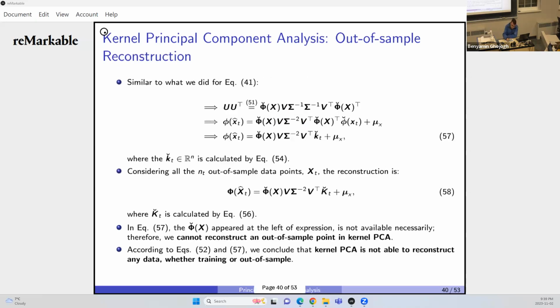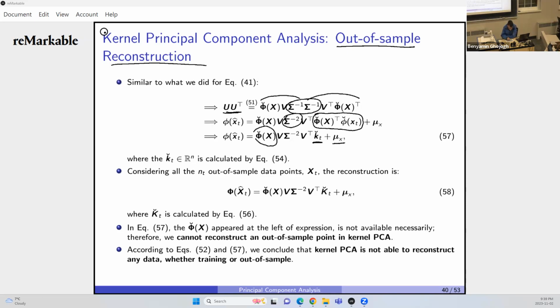Now, out of sample reconstruction. We know that U transpose X is the reconstruction. U we had before, and U transpose we also had in the previous slide. Sigma inverse becomes sigma to the power of -2. Interestingly, this appears, which is the kernel KT breve. This is mu X, and I have it.